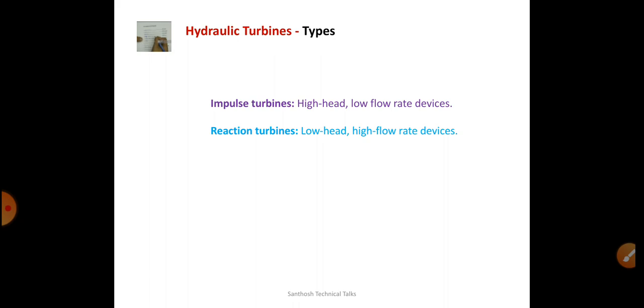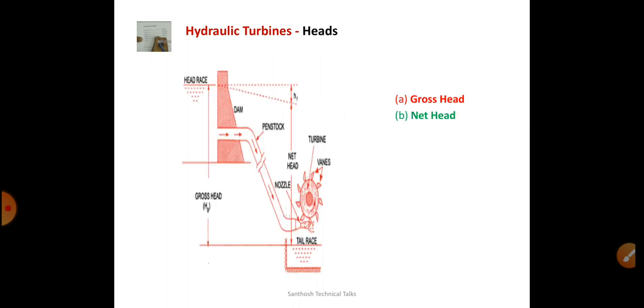That is why reaction turbines are used for low head, high rate of flow devices, or medium rate of flow devices, whereas the impulse turbine is used in high head and low rate of flow devices.